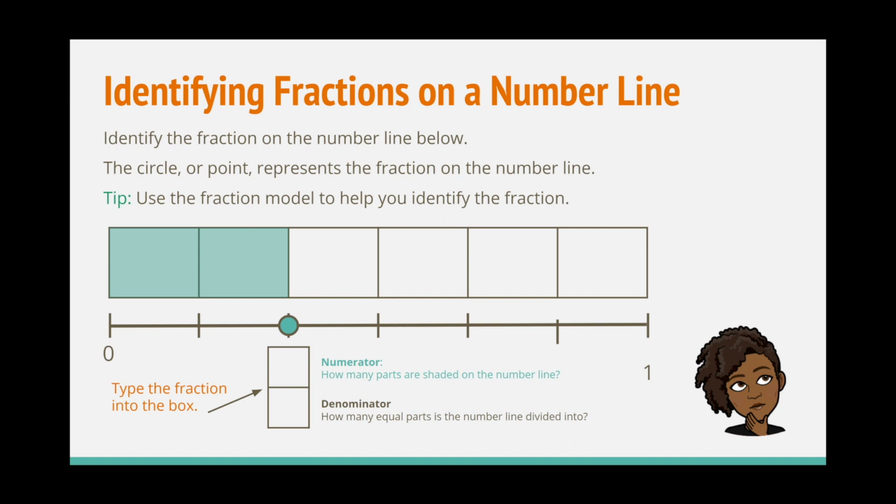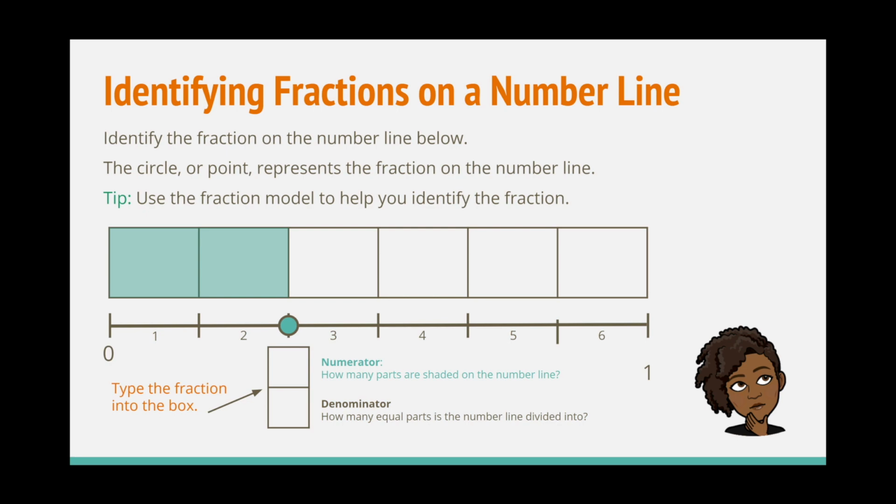The first thing I'm going to do is figure out how many equal parts the number line is divided into. So I'm going to count 1, 2, 3, 4, 5, 6. There are 6 equal parts on this number line, and there are 6 equal parts in the whole fraction model.